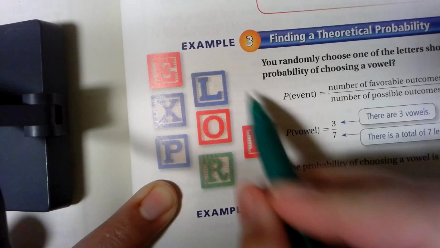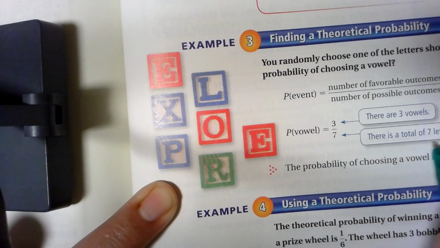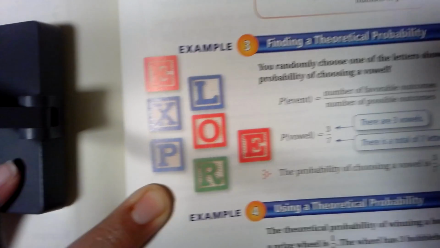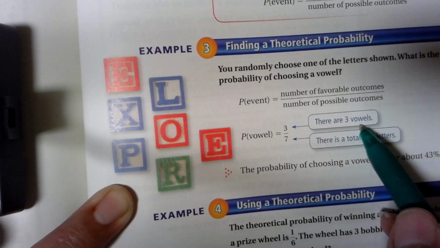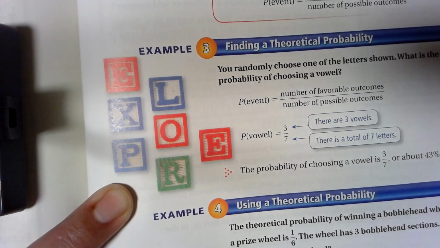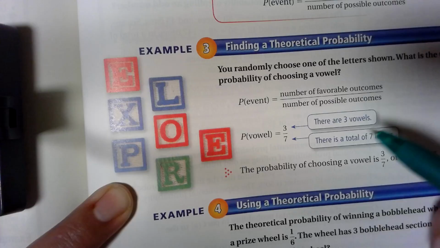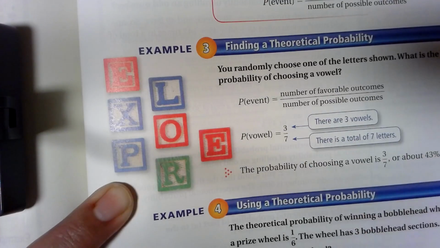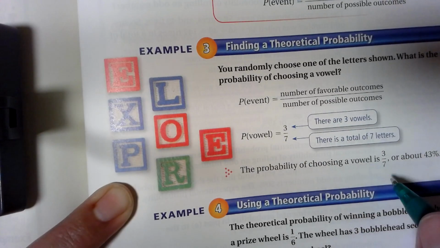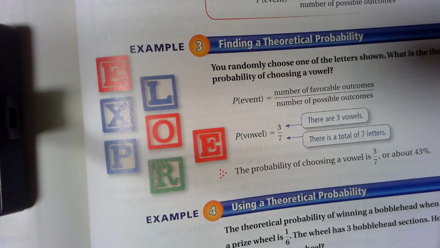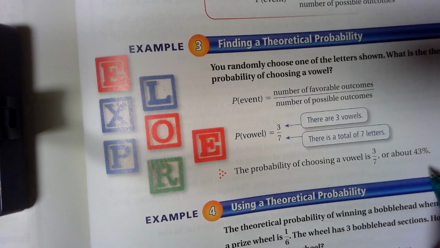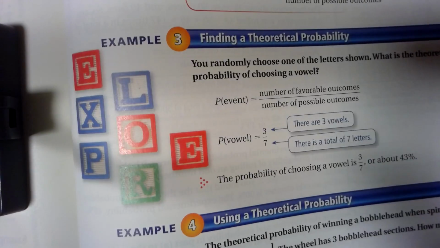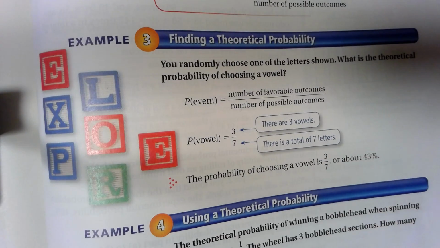And there are a total of 7 letters that you could possibly get. So the possible outcomes is 7. This is your favorable outcome, what you want to get, which is the 3 vowels. So the probability is 3 out of 7. If you divide 3 by 7, you get 0.42, which is 43%. So that is theoretical probability.